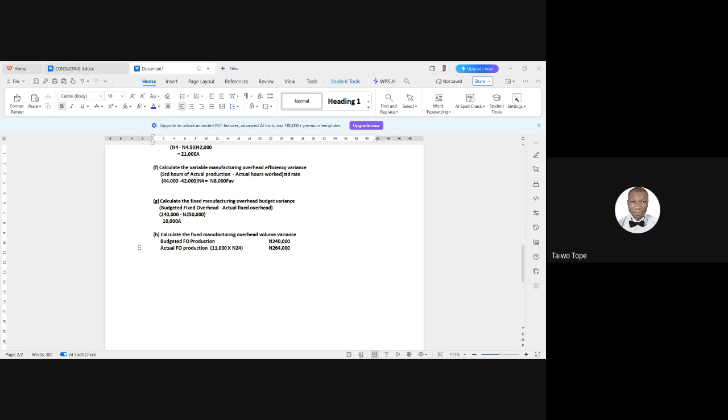So when it comes to these aspects, you need to interpret it in that order. Yes, we understand that your actual is greater than your budgeted, because you've stressed your machines, you've overpowered your capacity, and based on the units you have, it is a favorable one.